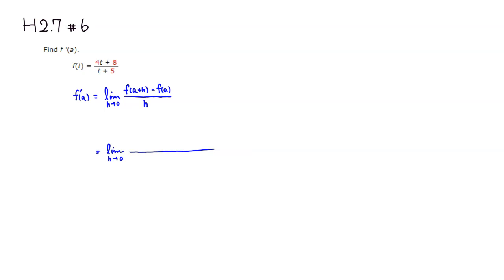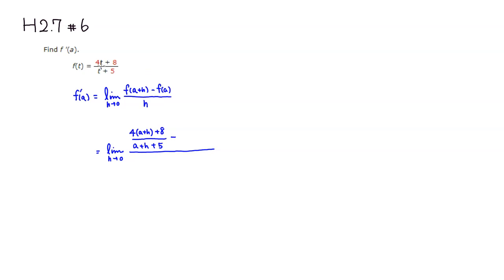So I'm going to replace t by a plus h. You have a 4 times a plus h, plus 8, over a plus h plus 5. So that's f of a plus h.